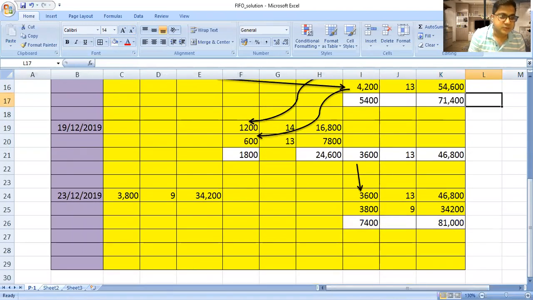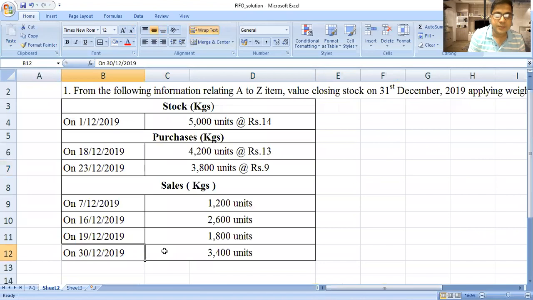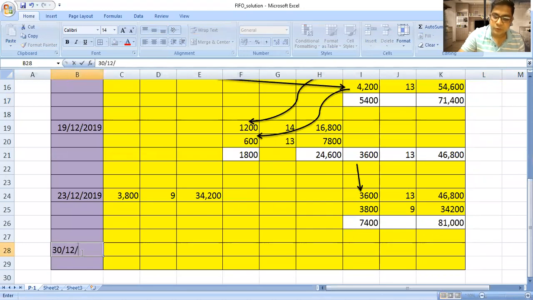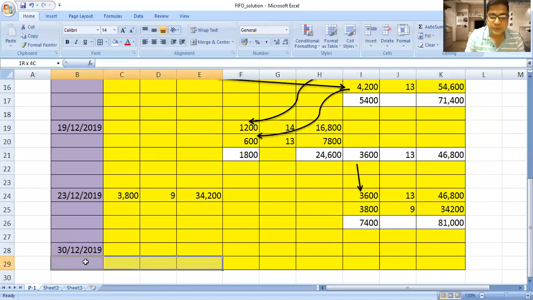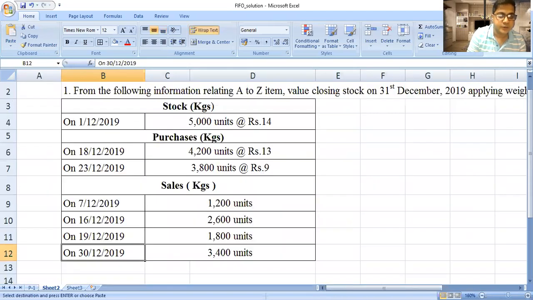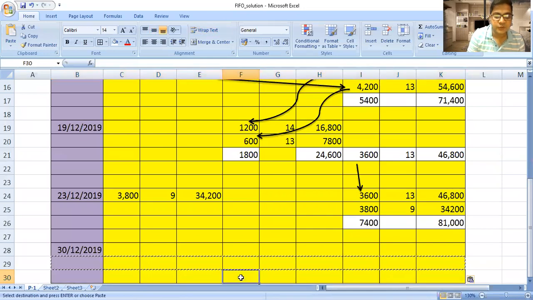Now friends, after recording this, the next date is 30th December 2019, when they sold 3,400 units. Now we want to sell 3,400 units.